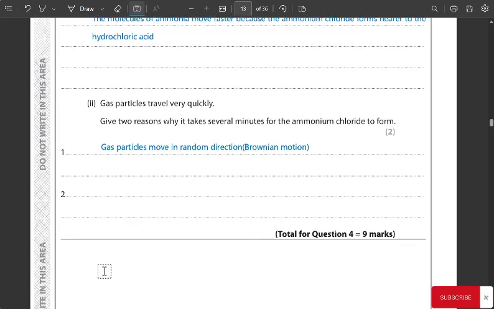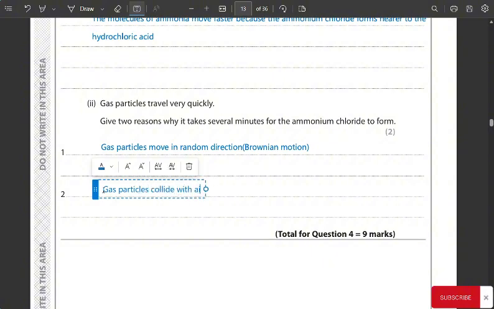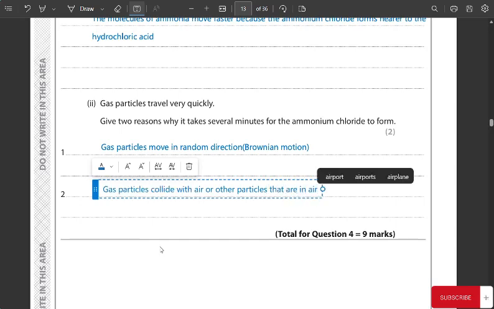And the second reason is gas particles collide with air or other particles that are in air. Okay.